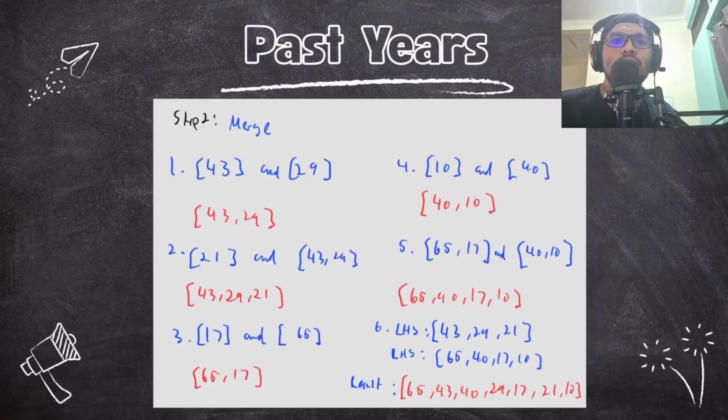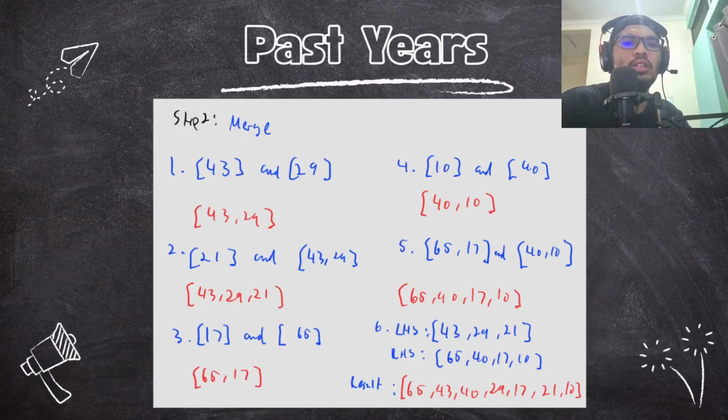You combine them, so we got our first order, which is 43 and 29. And then next step, we combine 21 with the current list order, which is 43, 29. And because 21 is smaller than 29, it belongs on the rightmost of the list.